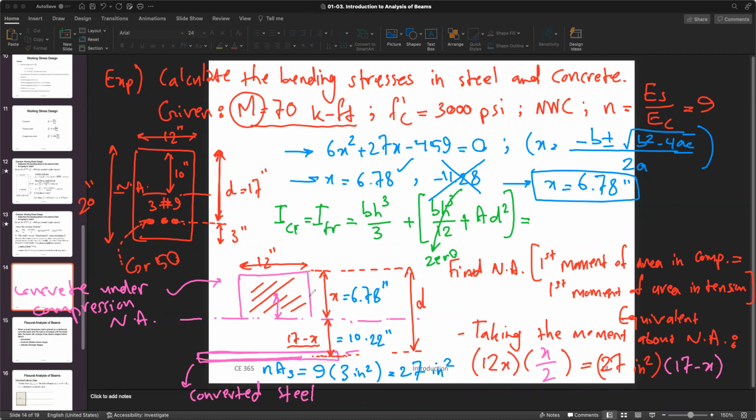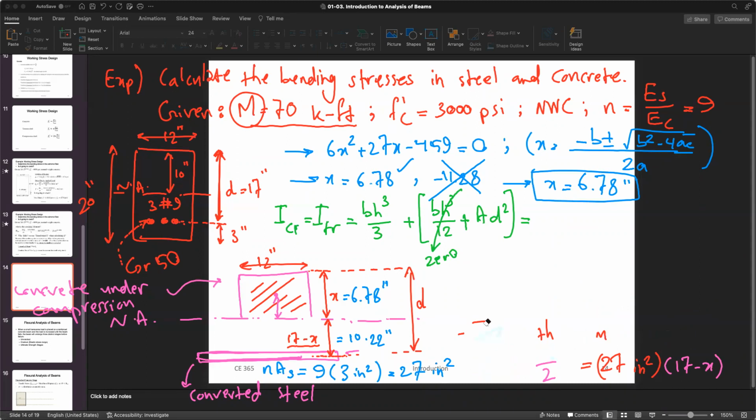So let's write it. For the rectangle on top, you have 12 times 6.78 to the power of 3 over 12, plus the Ad squared term for the bar, since the other term is 0. What is the area?